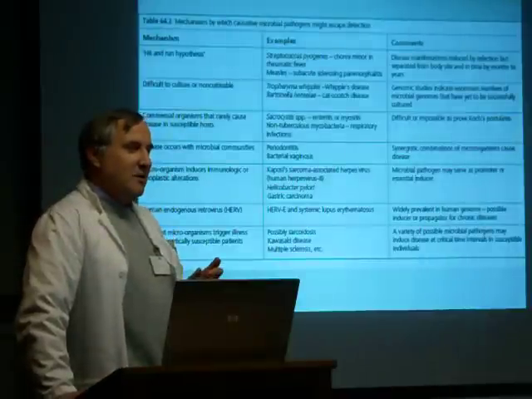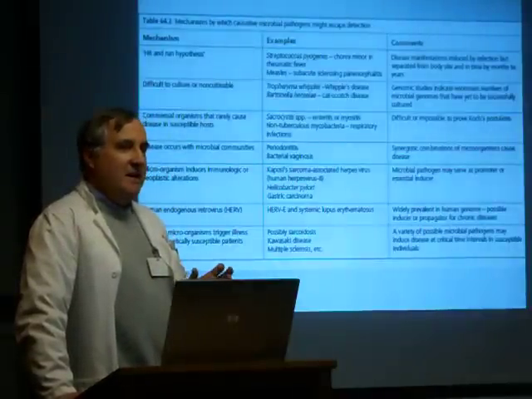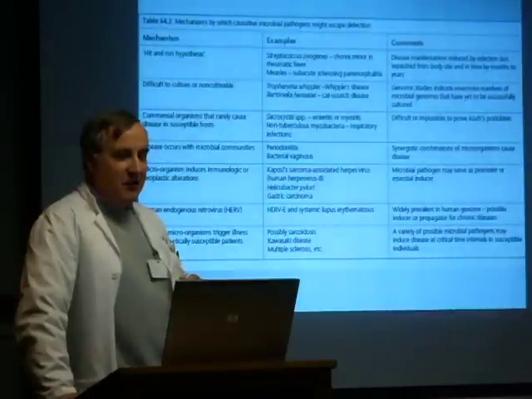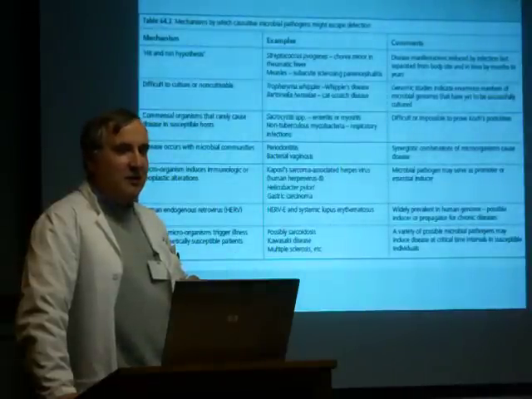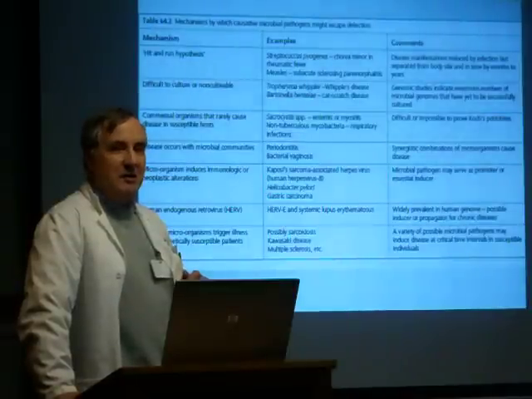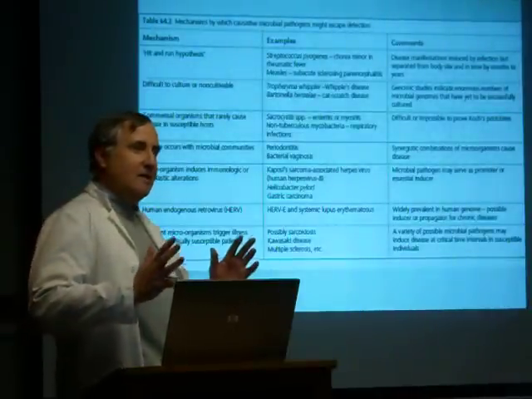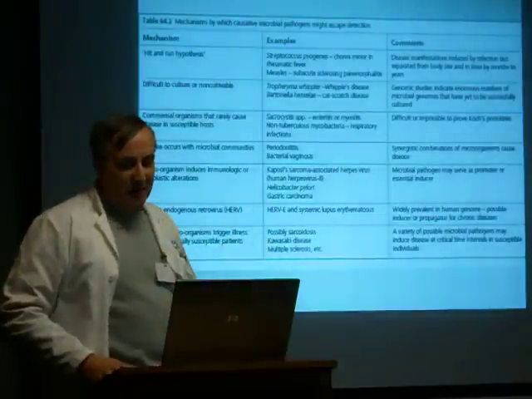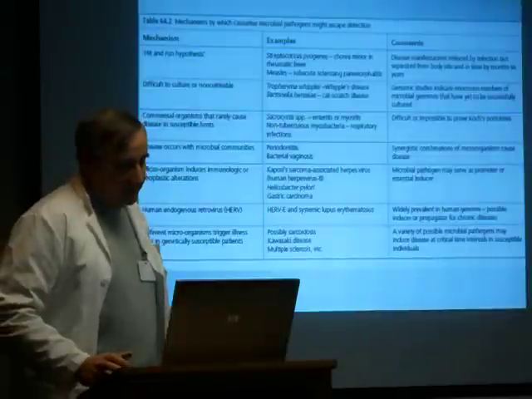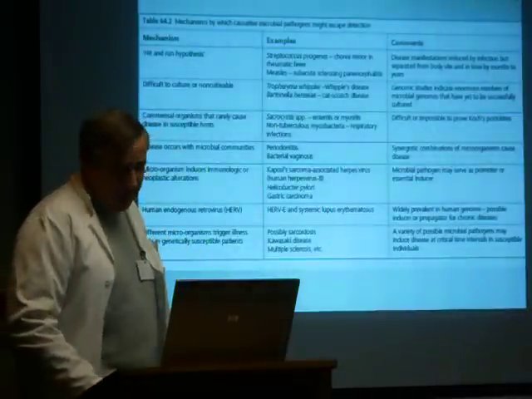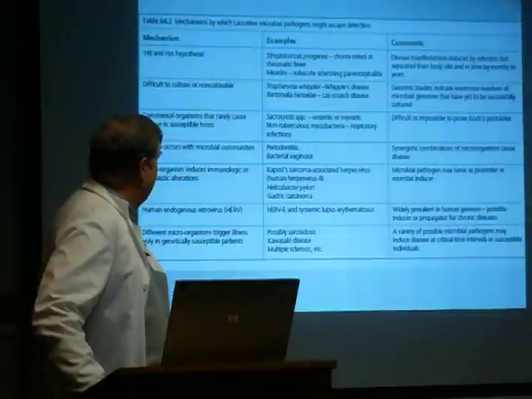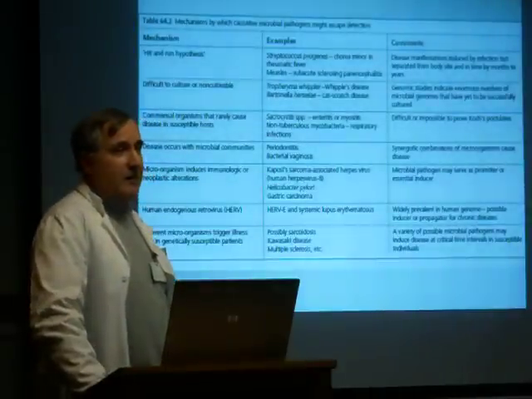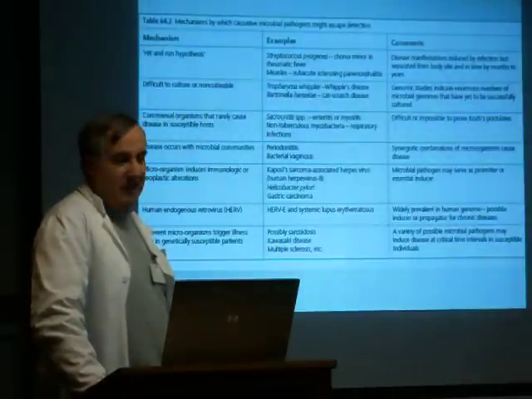So they were able to go back and create a media that met all the nutritional needs for the organism, and now you can actually grow this organism in the laboratory. So it's an example of how you can use genomics to develop a media to grow an organism you couldn't previously grow. And Bartonella henselae has also been grown in the laboratory, and we've grown it in our laboratory as well.